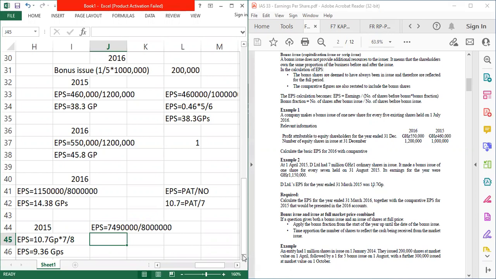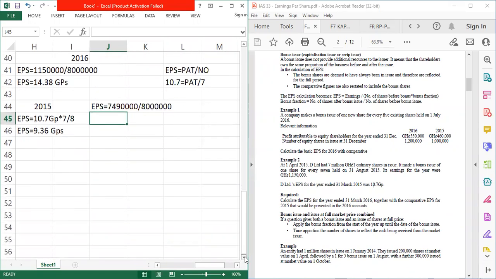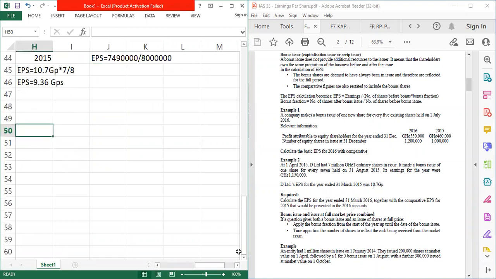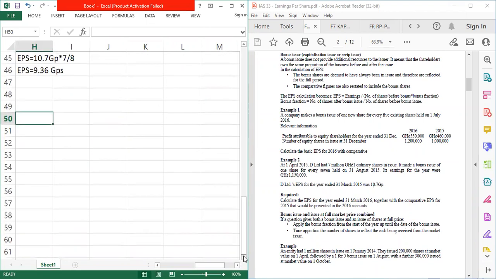Okay, let's look at bonus issue and full market price issue combined. Although we say that bonus issue, we don't consider the time when it was done, this is only done for shares that have been in existence from the beginning.